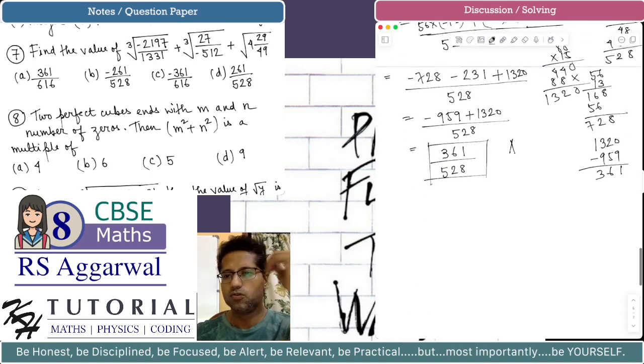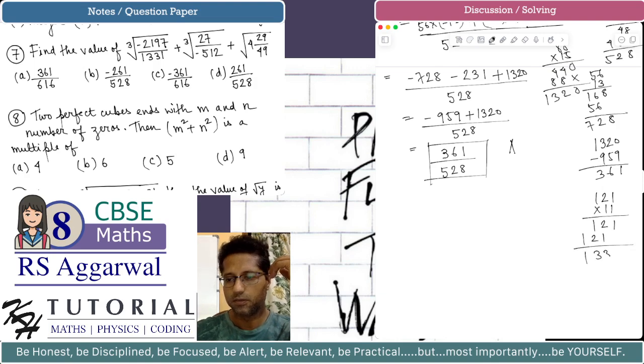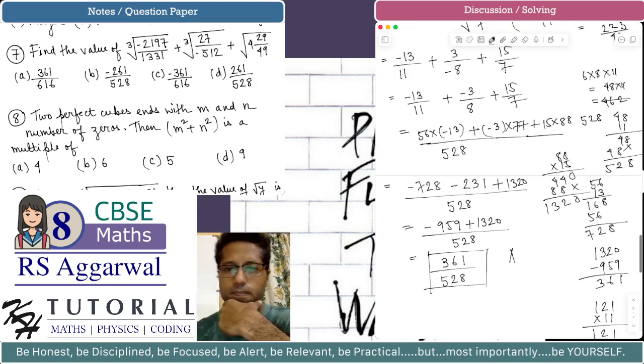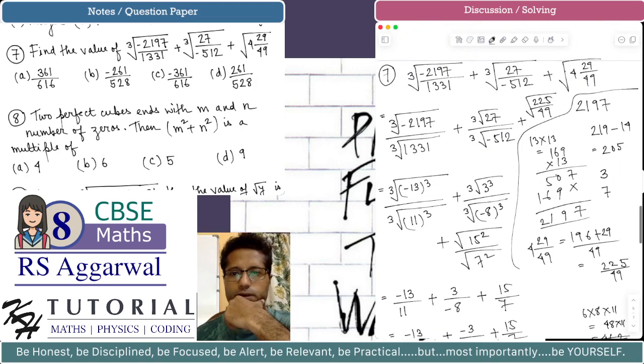I hope 11 cube is 1331. I will check it once again. 11 square is 121. 121 into 11 is 1331. It's fine.